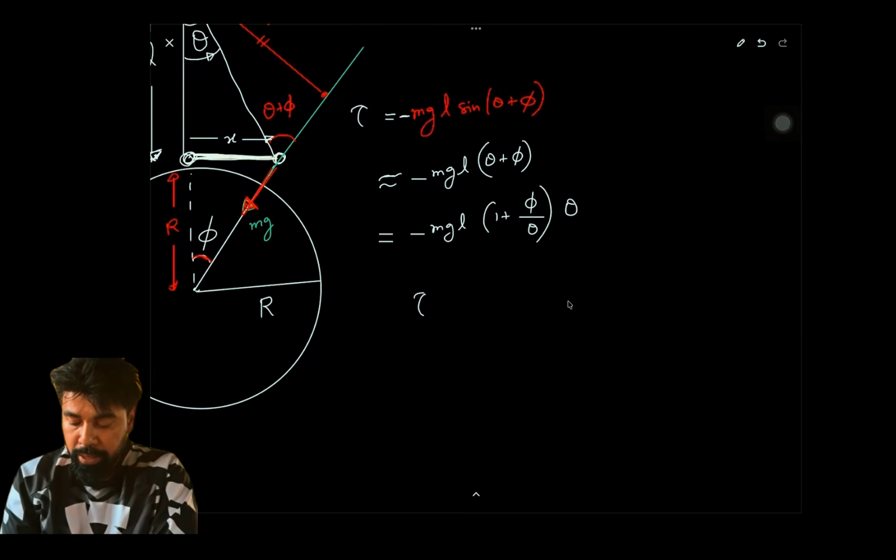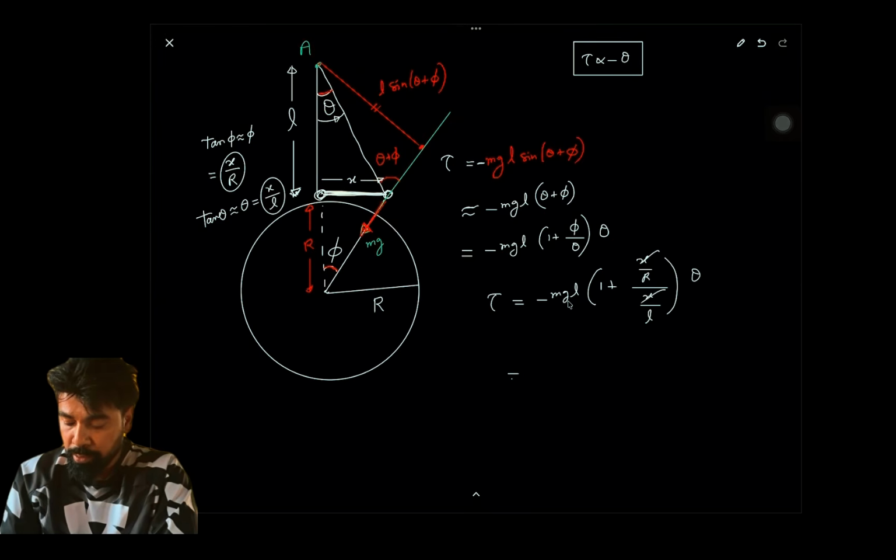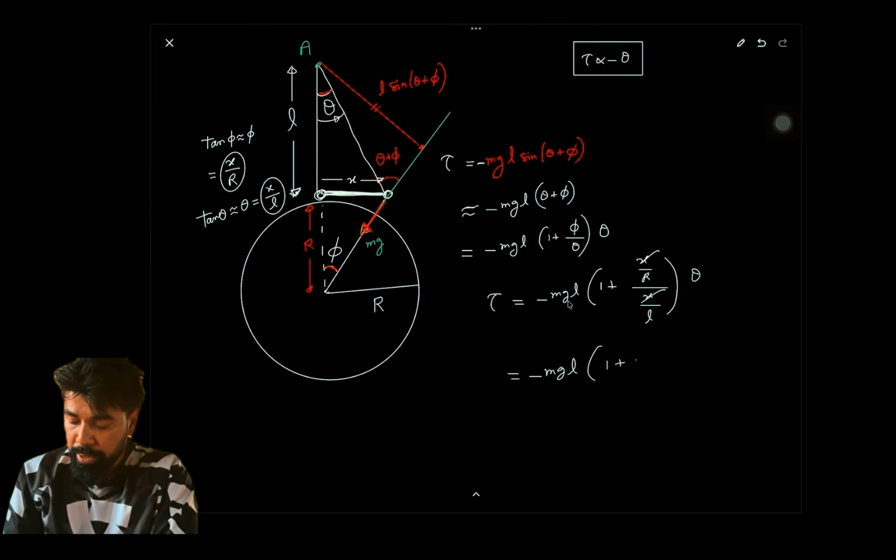So we'll get the unbalanced torque tau equal to minus mgL into (1 plus phi by theta) into theta. Phi is x by r and theta is x by L. We'll cancel the x, and we get the torque as minus mgL into (1 plus L by r) into theta.